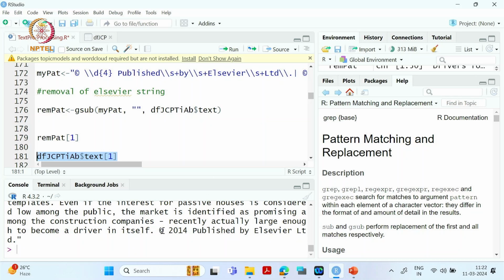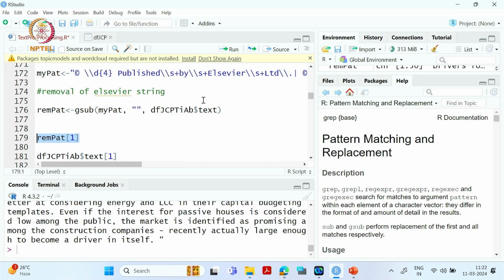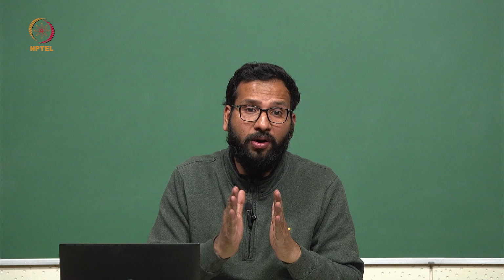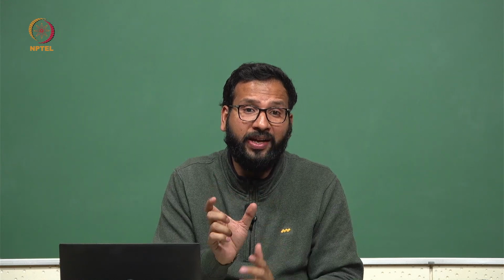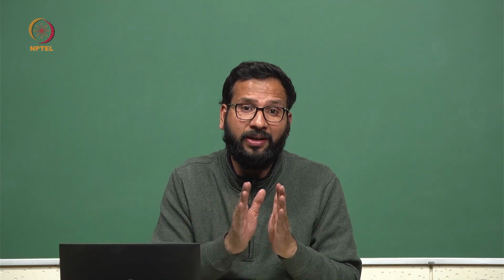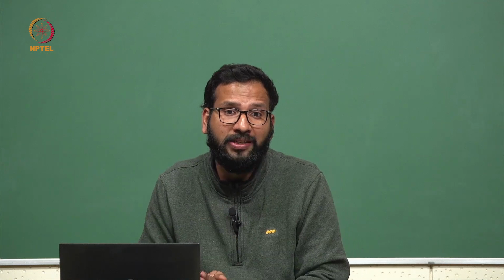In this first abstract, this copyright 2014 published by Elsevier Limited was there, but in this cleaned abstract, we have removed it. So we have removed the first string from our text data, which is unnecessary for the kind of analysis we are doing.